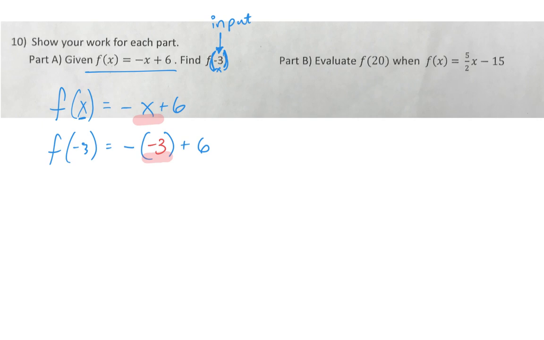You saw that x did have a negative in front of it to begin with. So when I do this, I've got negative negative 3, which makes positive 3 plus 6, and positive 3 plus 6 equals 9. So f of negative 3 equals 9, which means that the f function, when it has an input of negative 3, is going to equal 9.